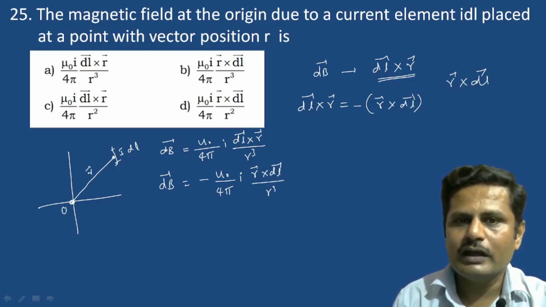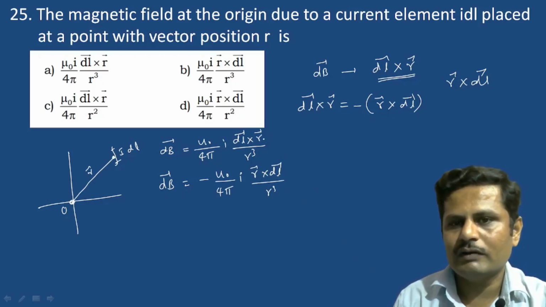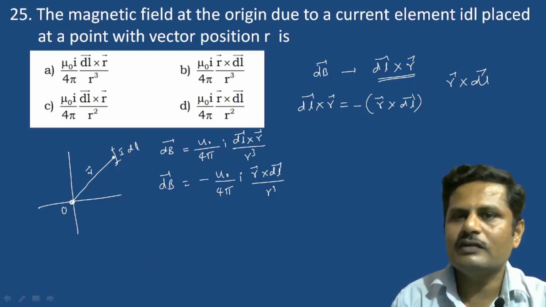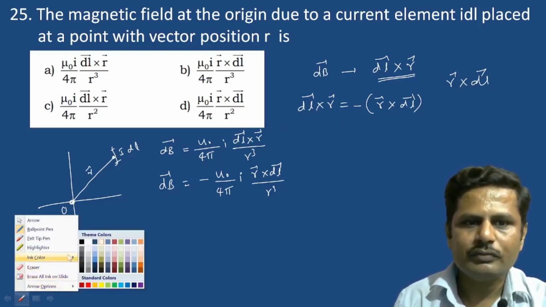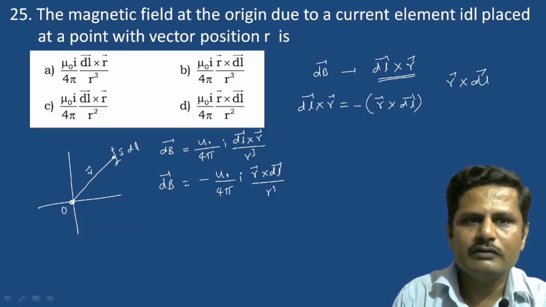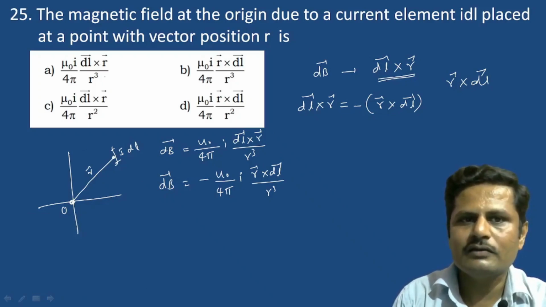So therefore the direction of the magnetic field is always decided by dl vector cross R vector. That means the direction of dl cross R gives us the direction of the magnetic field. So therefore, which option? That is dl cross R divided by R cube.